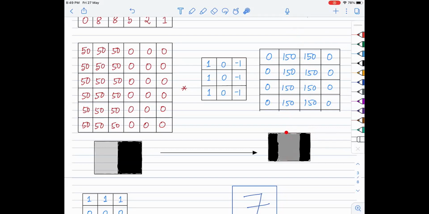So it has found something from this image. Can you tell me what it has found in the middle part of the image? What's there in the middle part of the image?